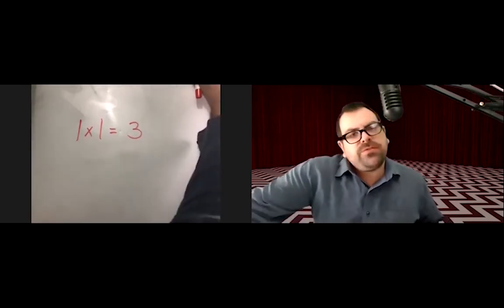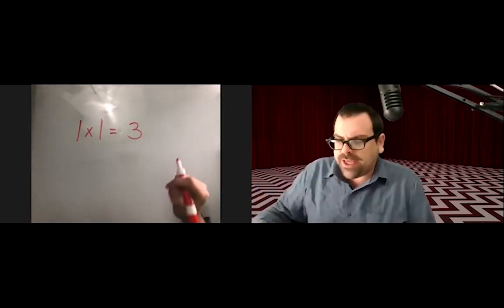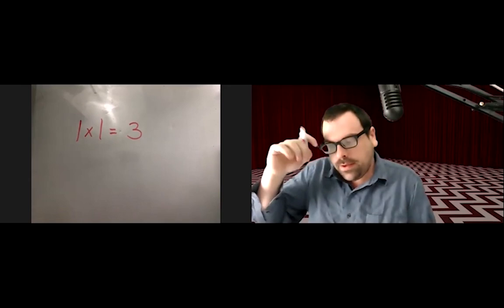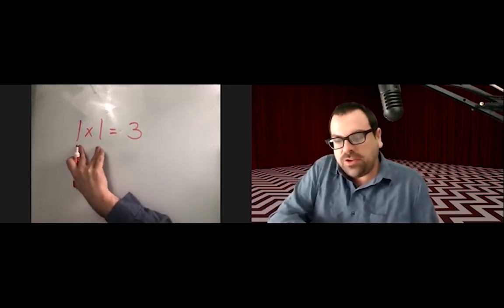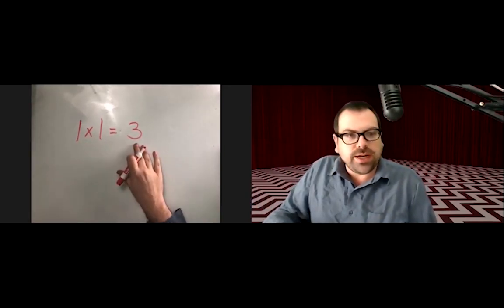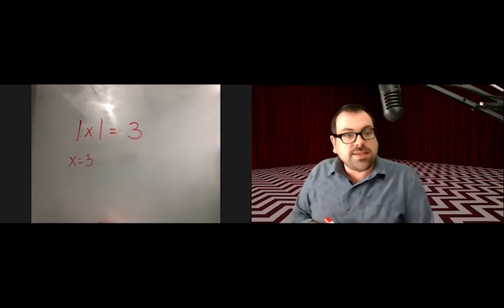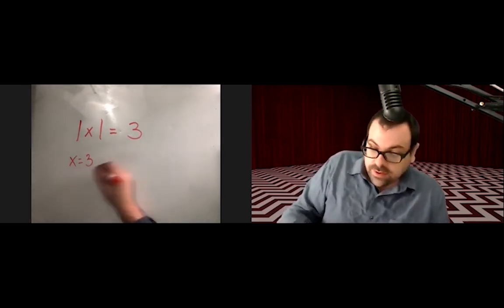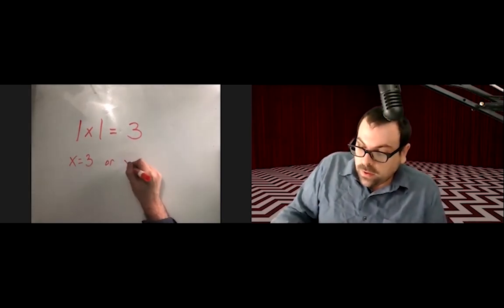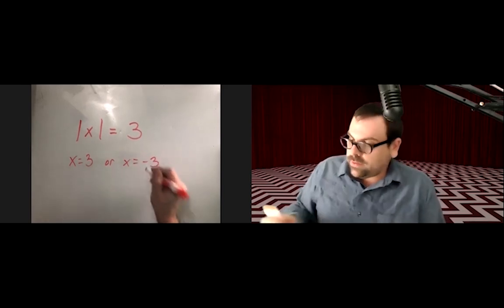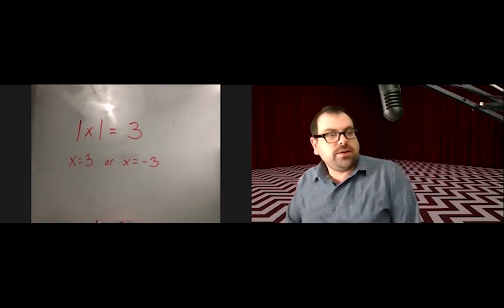Let's do the same sort of thing here with the absolute value. If the absolute value of something is 3, then that something can either be positive 3 itself or x equals negative 3.